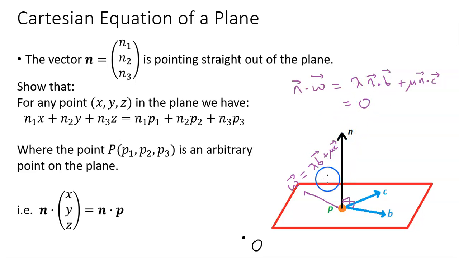So that means that the normal vector n is also orthogonal to any arbitrary vector W in that plane.